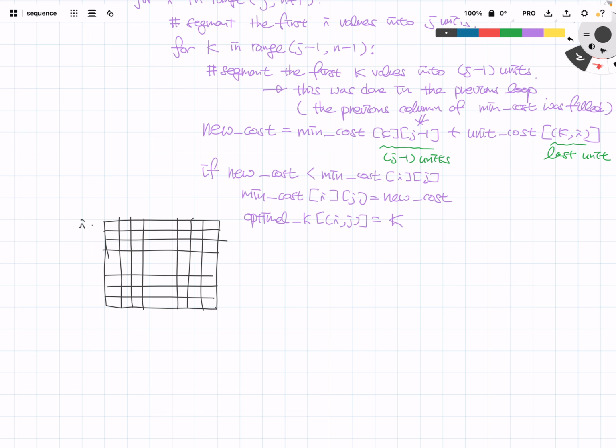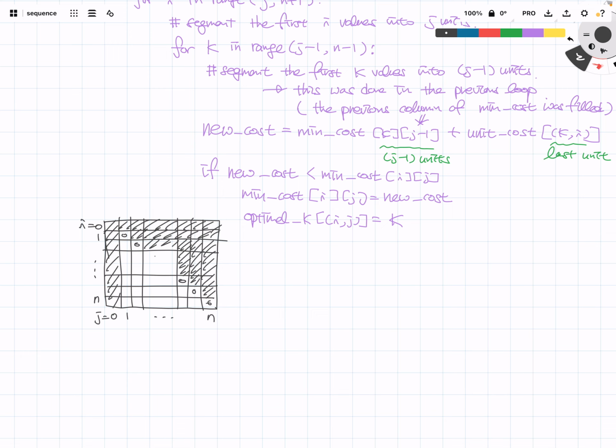So I equal 0, 1, n, and j equal 0, 1, n. And again, the first column, first row, nonsense. And this as well, the upper triangle, nonsense. So we filled out, and this is all 0. And we filled out the other ones, right?